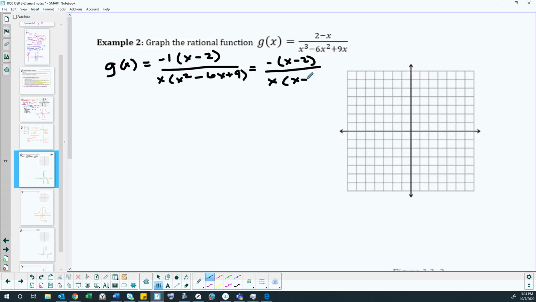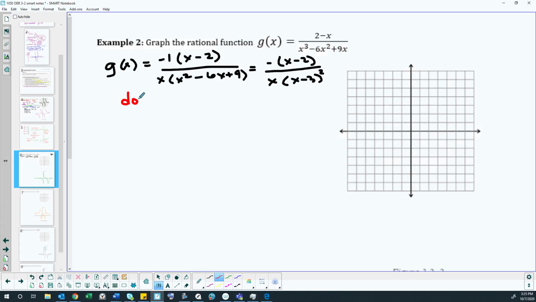That turns this into x minus 3 squared. So see, we have that multiplicity in the denominator, which is going to create that same end behavior around the vertical asymptote. Okay, nothing reduces, so we don't have to do anything else to find the vertical asymptote.